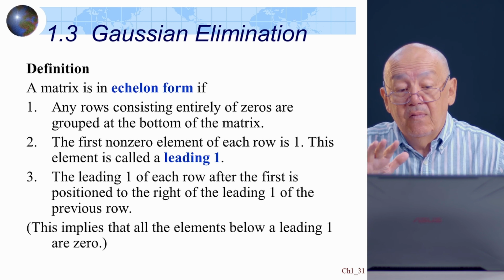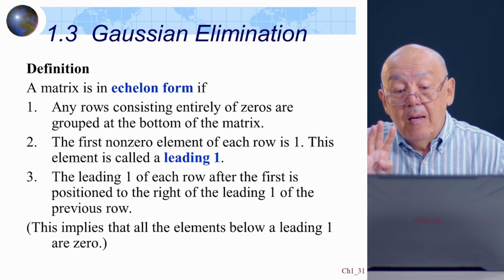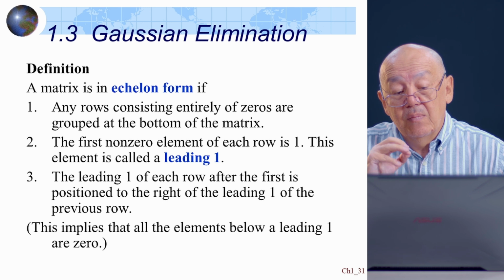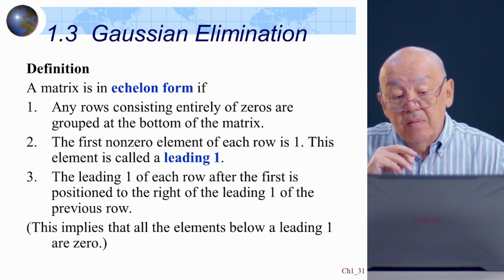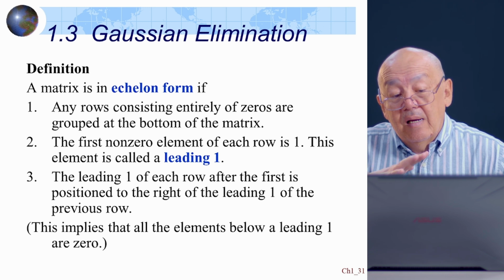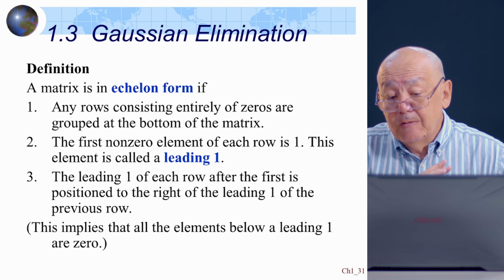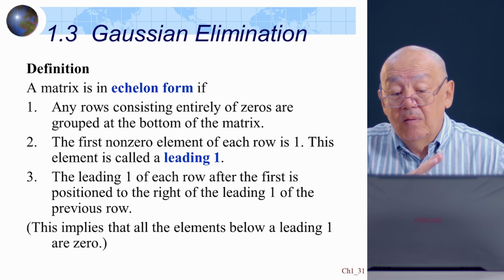Okay, so let's see first, what is the echelon form of a matrix? Look here, again we have some conditions. The first condition is zero rows are at the bottom of the matrix. Again, the first non-zero element is 1. Again, it's called a leading 1.